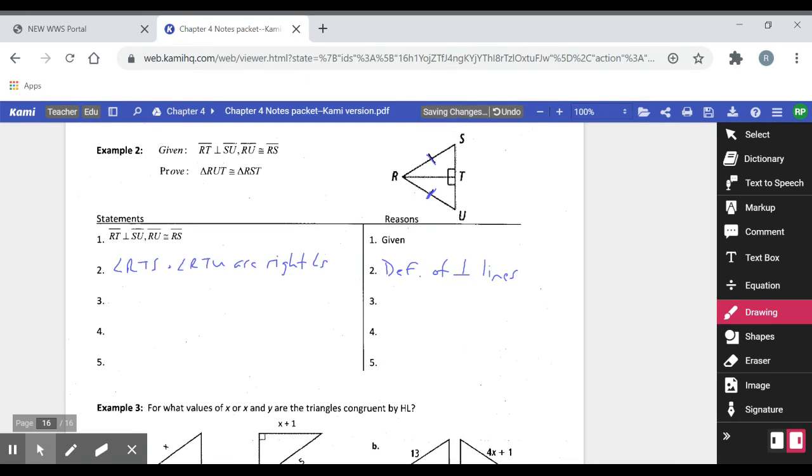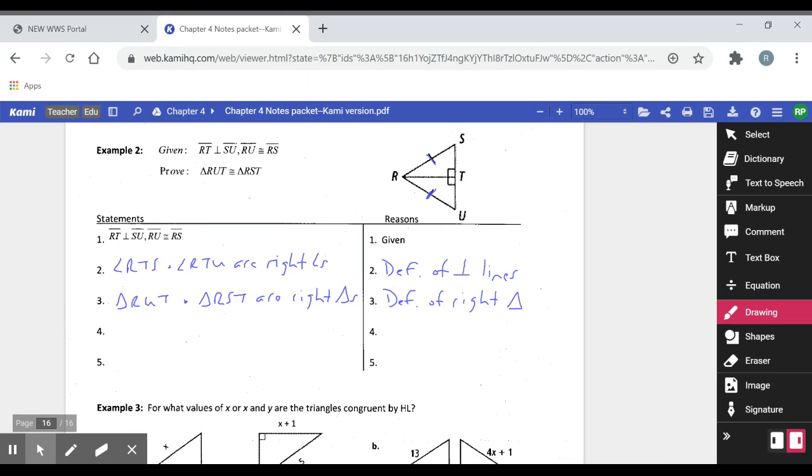All right, from there, we do need to specifically say that they are right triangles. So we can say triangle RUT and triangle RST are right triangles. And we can say that is definition of right triangle.